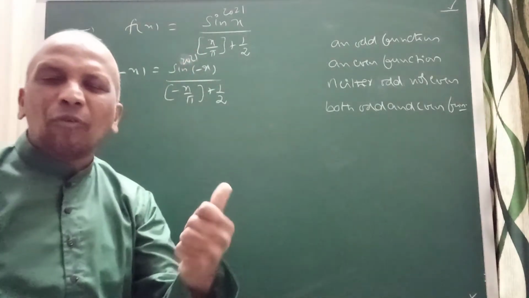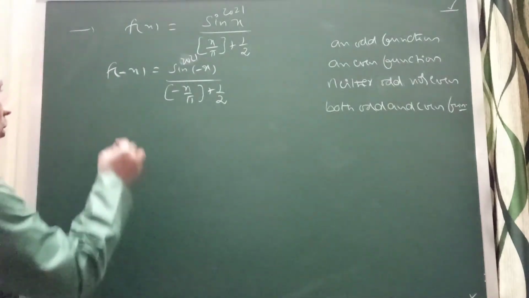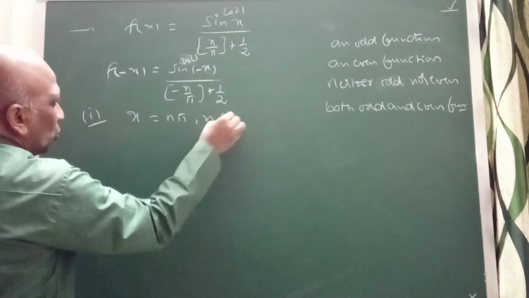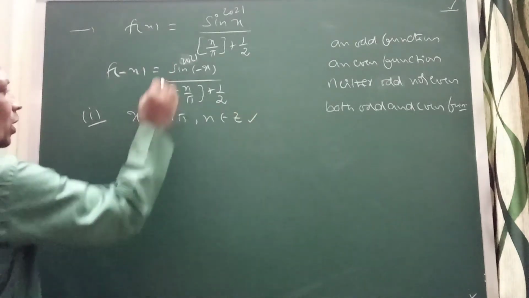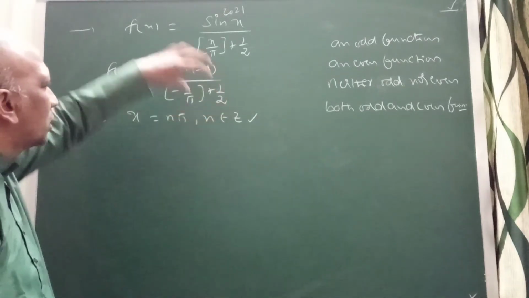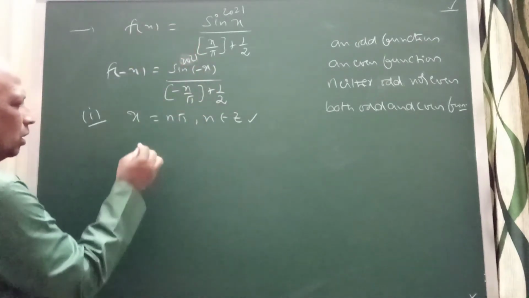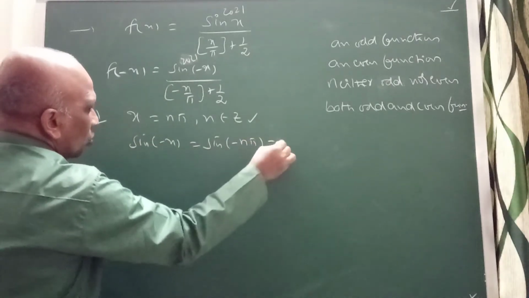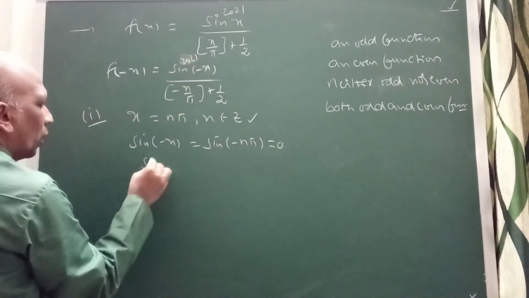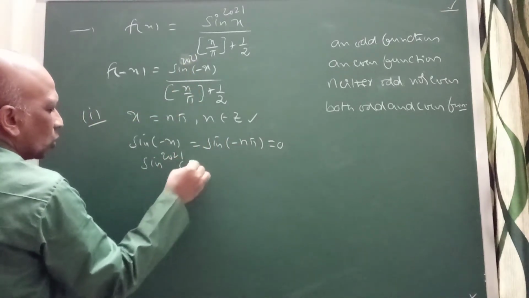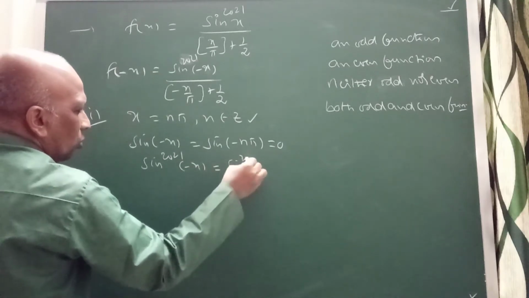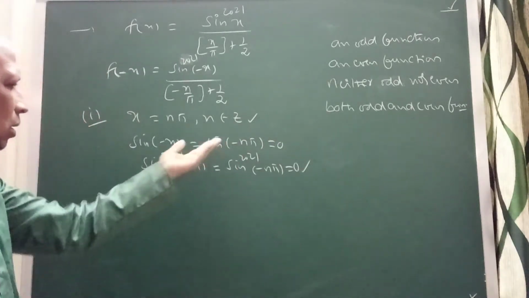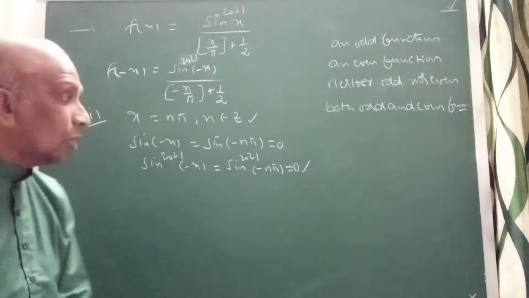Now you can check. Suppose x is equal to a multiple of n pi, that will be 0, right? So consider case 1: x equals n pi, n belongs to Z. In that case the function will be sin of minus x, so sin of minus n pi, which is 0. So sin of minus x to the power 2021 is sin of minus n pi to the power 2021, which will be 0, because sin of n pi is 0.